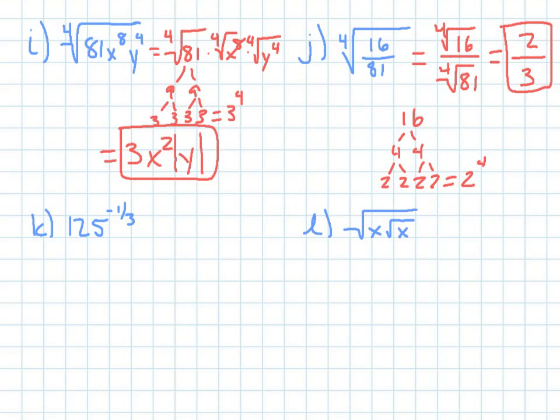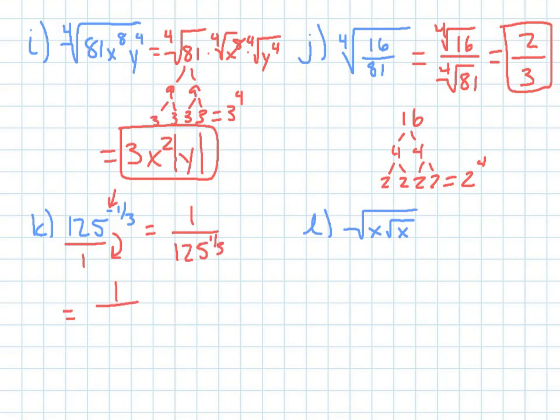Letter K. Here you have a negative exponent, a negative rational exponent to be exact. So first, I need to deal with my negative exponent. So I move the 125 to the 1/3 to the bottom. Now here I'm going to change it to radical form because it might make more sense when I'm trying to simplify this.